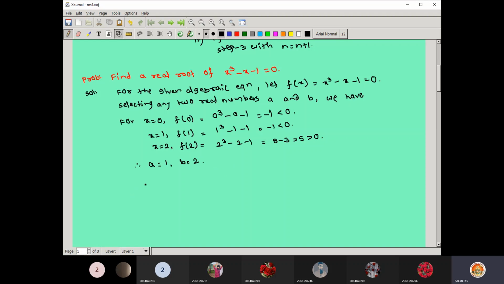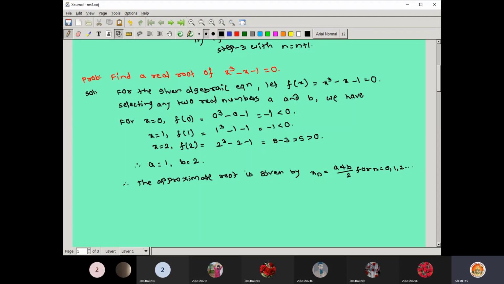Once you get the a and b values, you calculate the approximate root. The formula is xn equal to (a plus b) divided by 2. Here n takes the values 0, 1, 2 and so on.